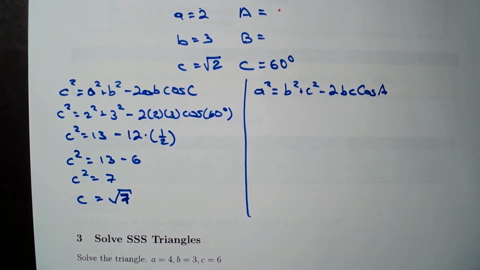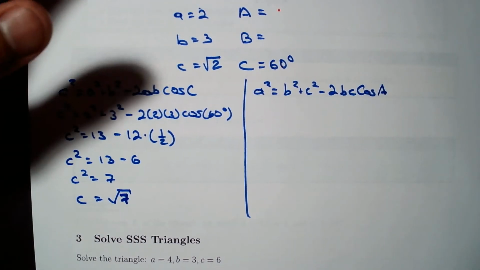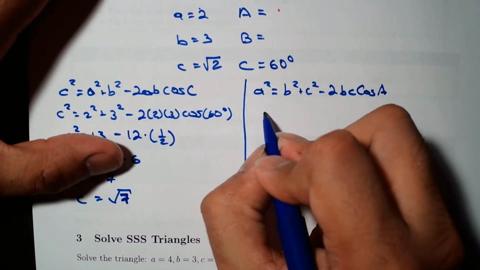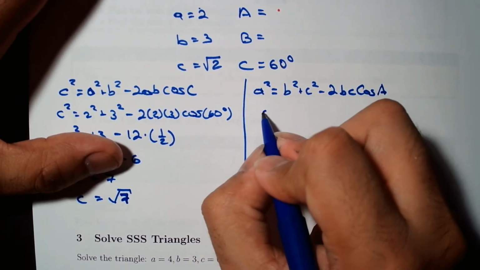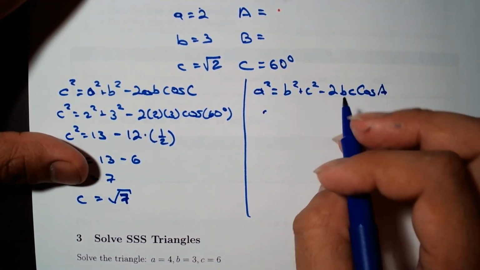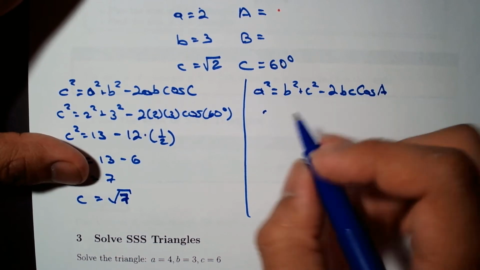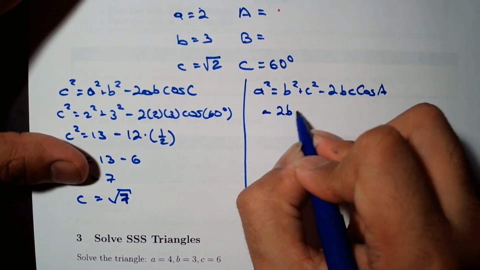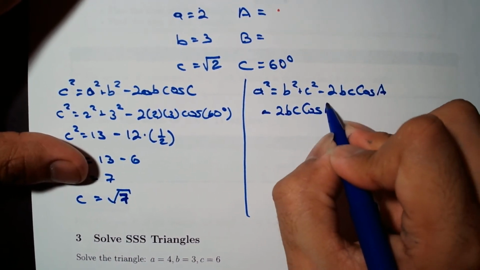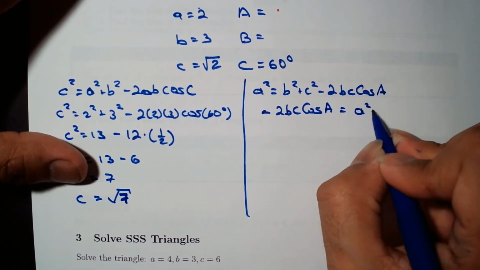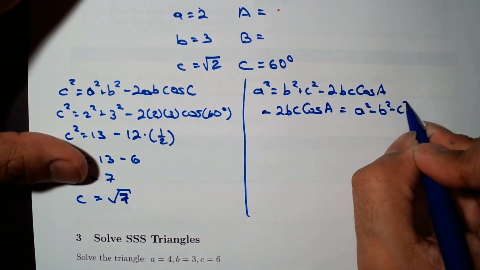So in this case, what are we going to do? Let me solve for cosine A. First of all, negative 2BC cosine A equals A squared minus B squared minus C squared.